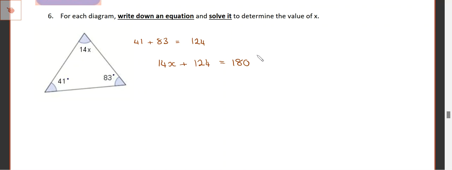And that's communication. That's where you've missed an opportunity to show some communication. And then we solve it. And now a lot of people did this, okay? So we've got 14x must be equal to 180 minus the 124. So 14x equals 56. Daisy? So if 14x makes 56, 1x must be 56 divided by 14, which is 4.